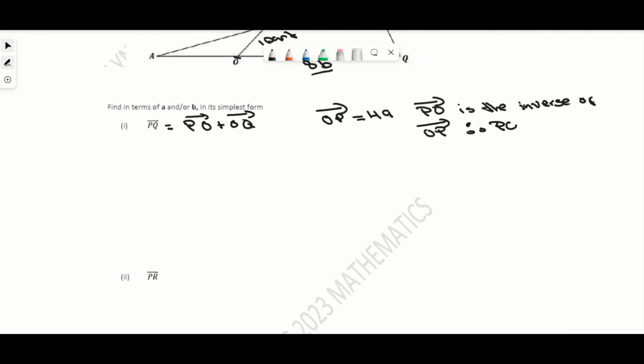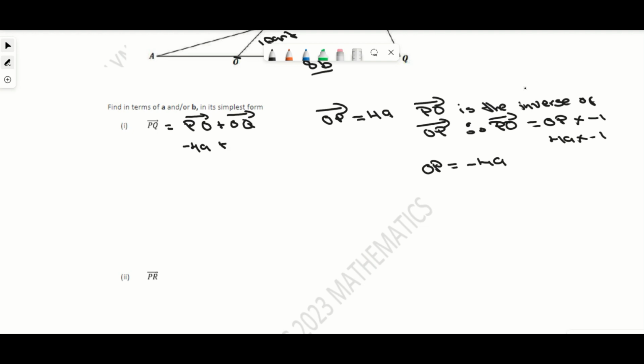Therefore, PO would be equal to OP multiplied by -1. We know that OP is 4A, so it's 4A multiplied by -1. So PO is equal to -4A. You just put that there, -4A.